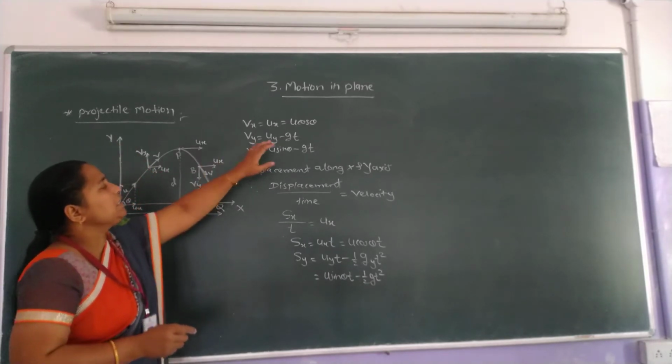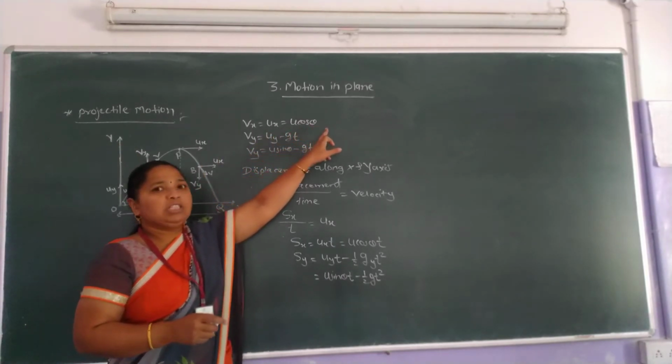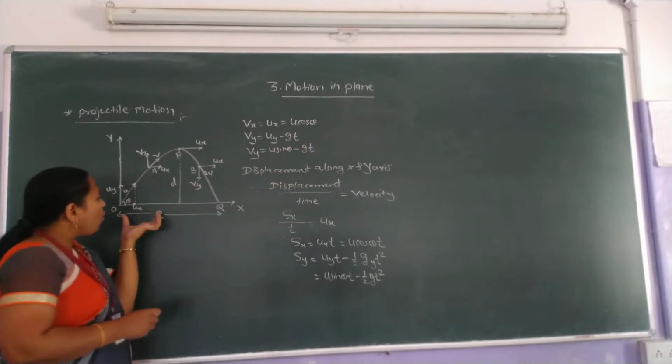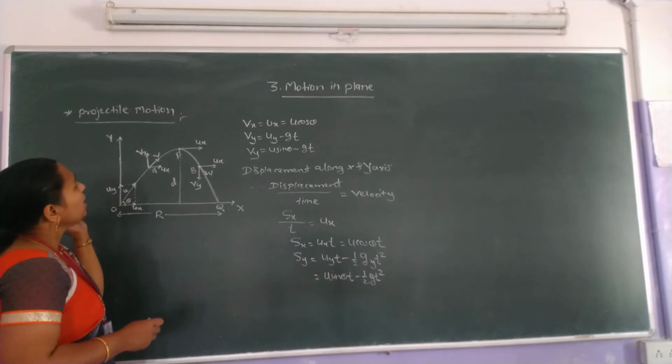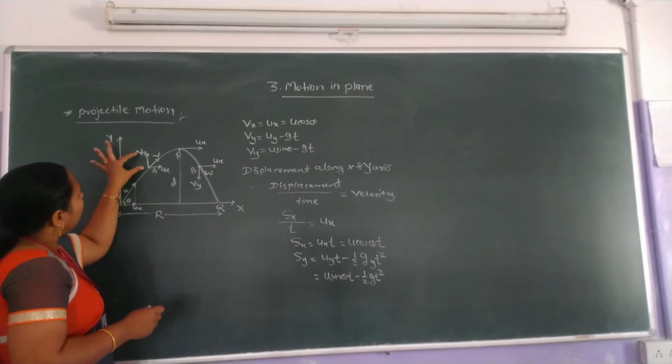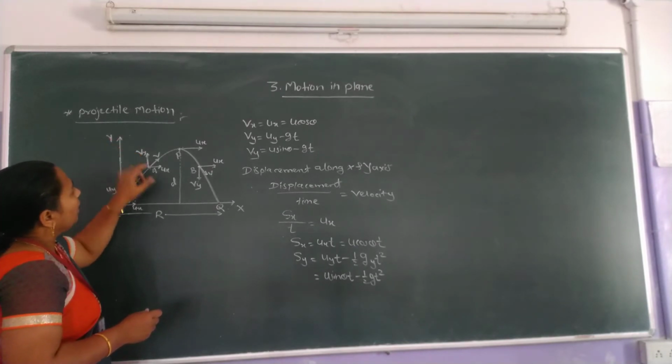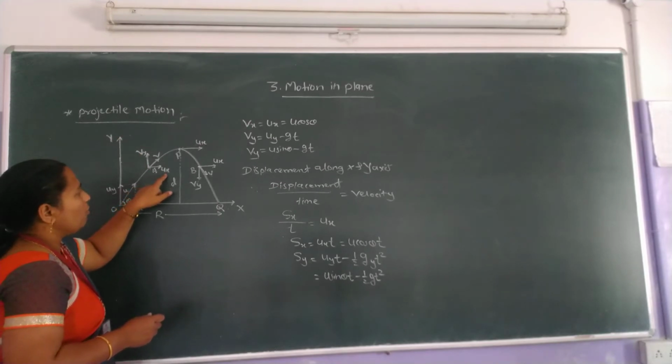That horizontal velocity is also u cos theta. Similarly Vy is the vertical component and ux is the horizontal component.